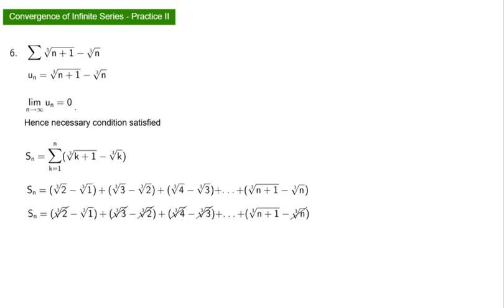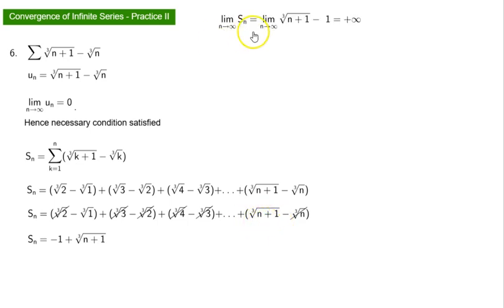And here terms start getting cancelled out. So cube root of 2, cube root of 2, cube root of 3, cube root of 3, and so on till the cube root of n also gets cancelled out. What we are left with is minus 1, because cube root of 1 is 1. So minus 1 plus cube root of n plus 1.